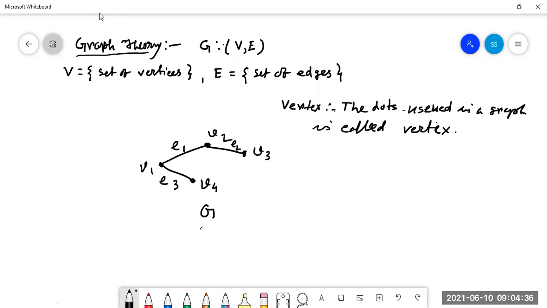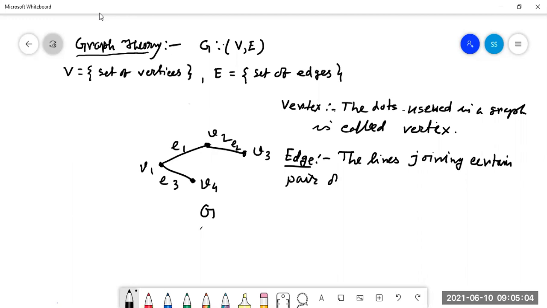Now we are going for the definition of an edge. The lines joining certain pairs of vertices are called edges.